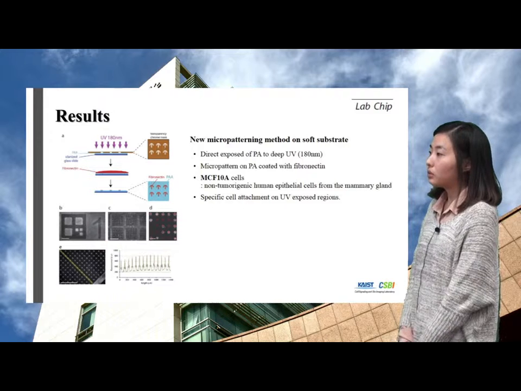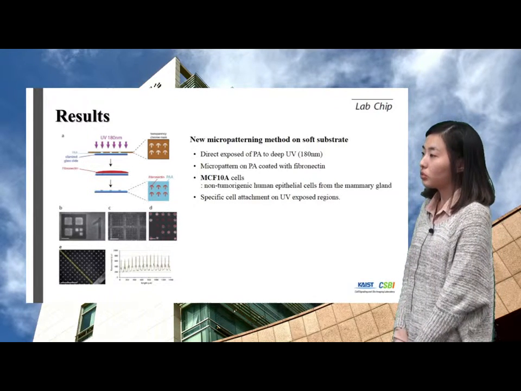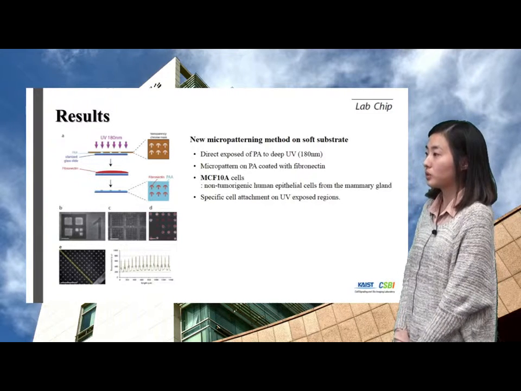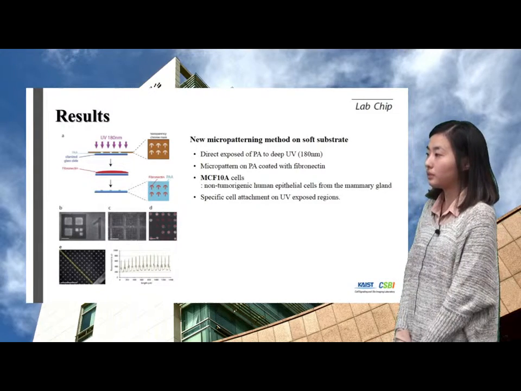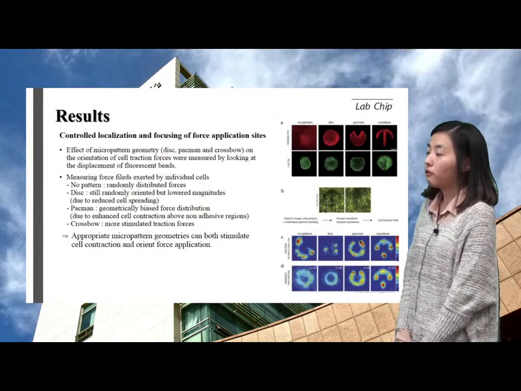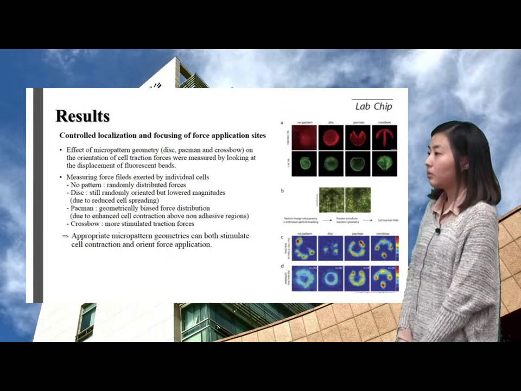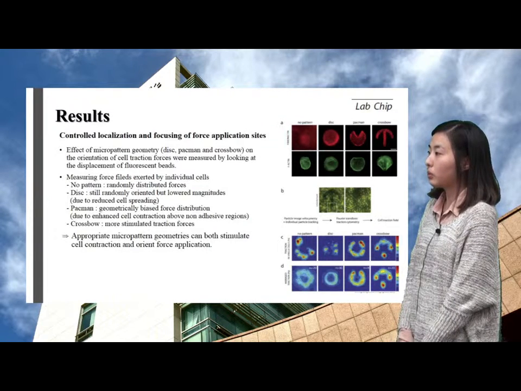To prove their new method, MCF10A cells, which are non-tumorigenic human epithelial cells from the mammary gland, were used. The cells were attached on the specially exposed region. To confirm the effects of micropattern geometry, they made various patterns like disc, Pac-Man, and crossbow.